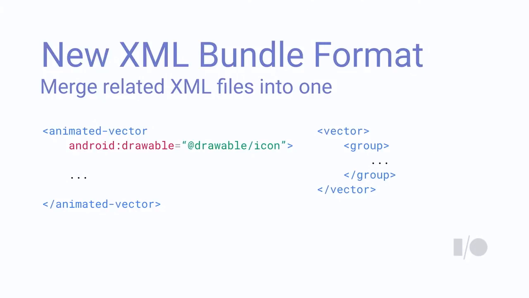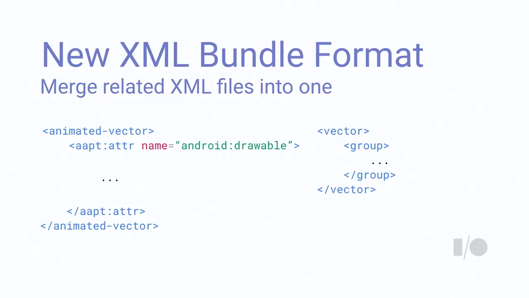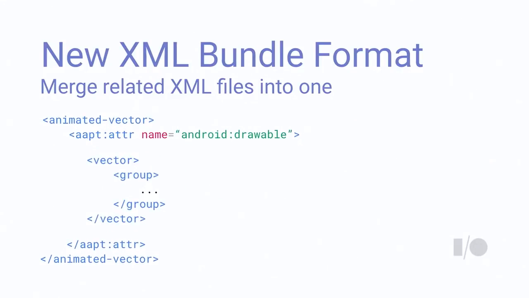By simply changing the android:drawable attribute into this new aapt:attr tag, you can cut and paste the whole vector drawable file into this tag, and then you merge 2 files into one. You can do the same trick for all the object animators too. So basically, you just need one single file to represent your animated vector drawable. Then hopefully that will be easier for you to read and debug this drawable.